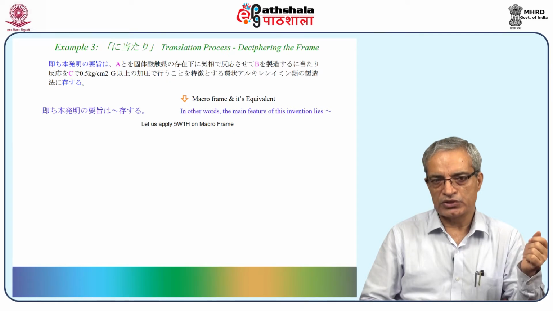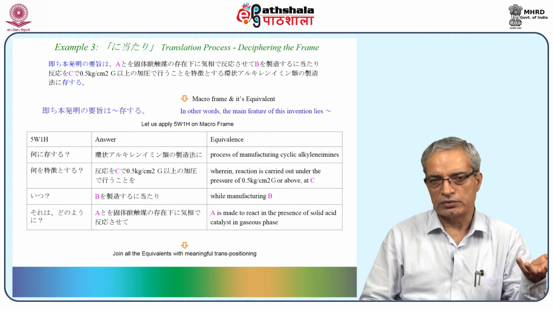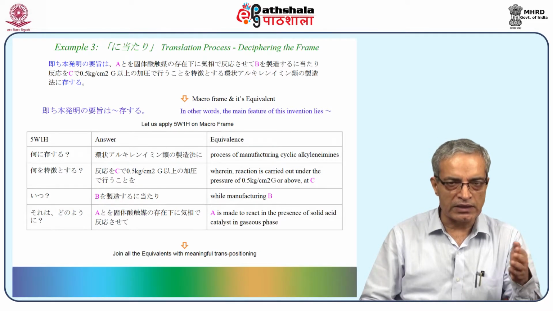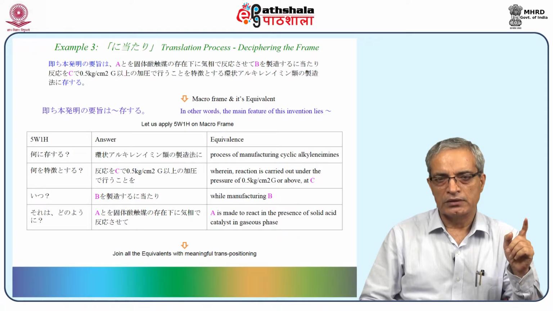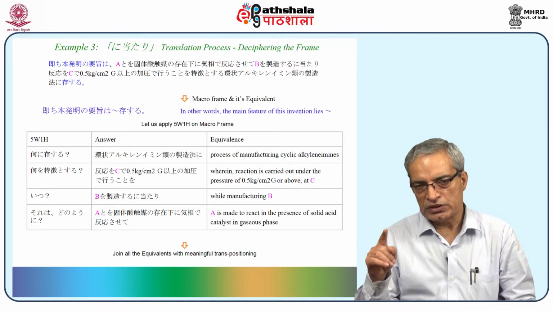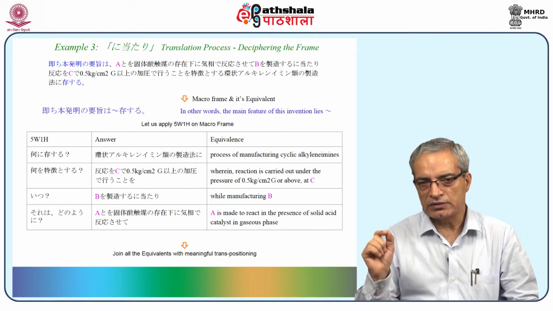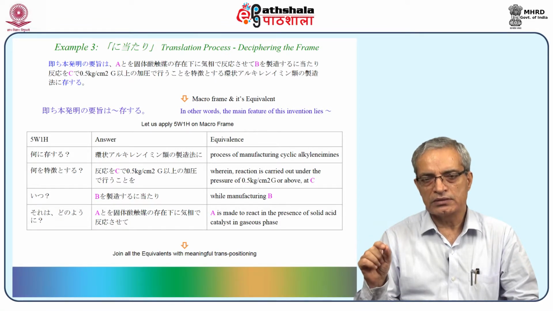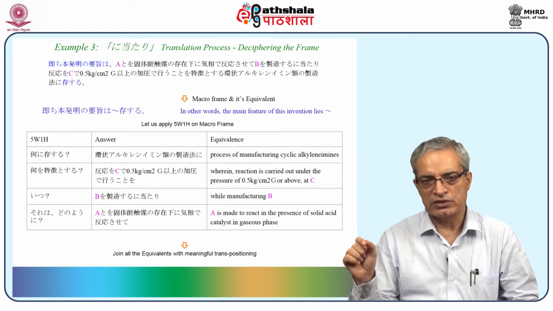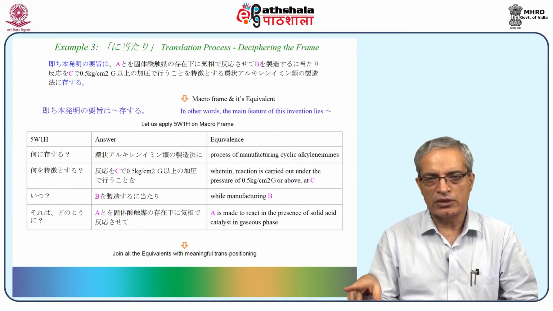Let's go for 5W1H. Nani ni sonzai suru. So it is kanjo arkiren imin rui no seizo hoho ni sonzai suru. So the process of manufacturing cyclic alkylene imines. So it lies in the process of. The second question is nani o tokucho to suru. Hanno o C, that was the replaceable variable, that is hanno o C de 0.5 kg per centimeter square G ijo no atsuryoku de okonau koto.